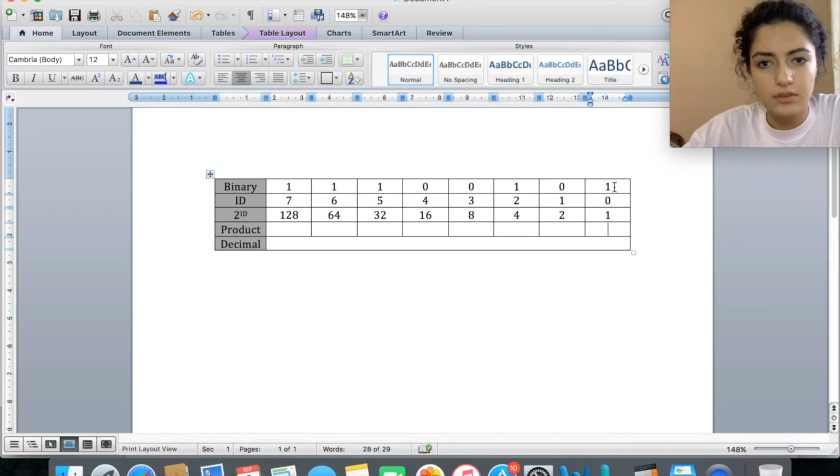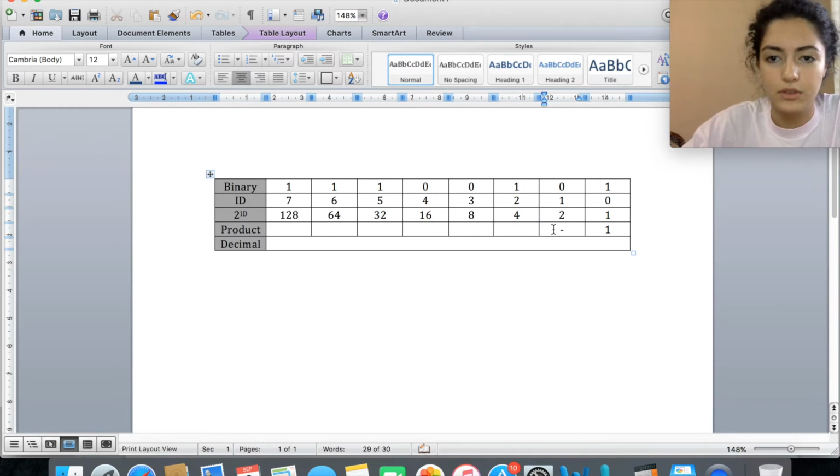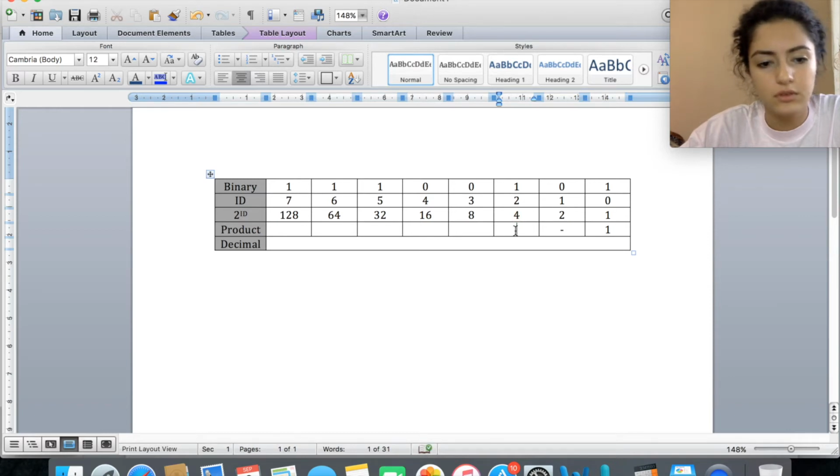For example, the first one is 1, we write 1. The second one is 0, so we don't have to write these 2. So we don't write anything. Then it's 1 again, so we write 4. 0, 0, write nothing.